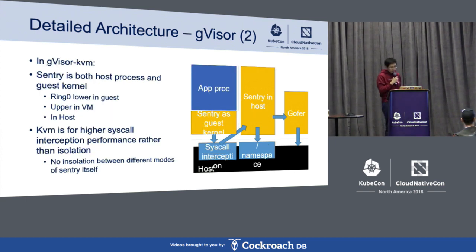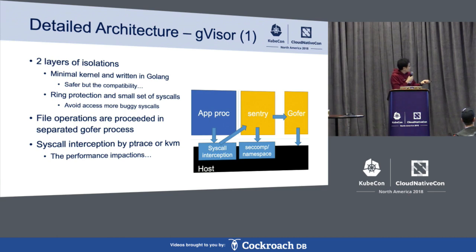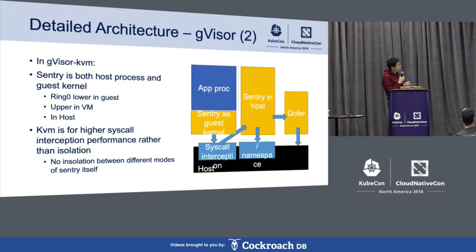And one more thing is about the gVisor platforms. The open source version of gVisor currently supports two platforms for the Syscall interception part: either ptrace or KVM. And here I want to say KVM is just a tool they use to intercept the syscalls.